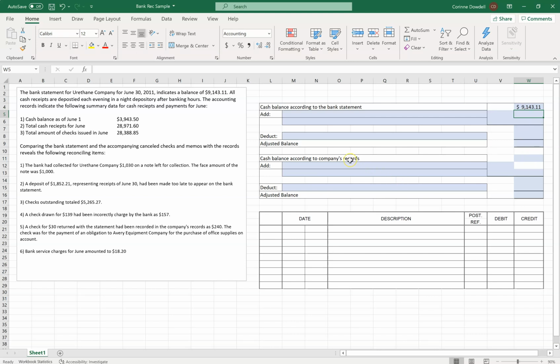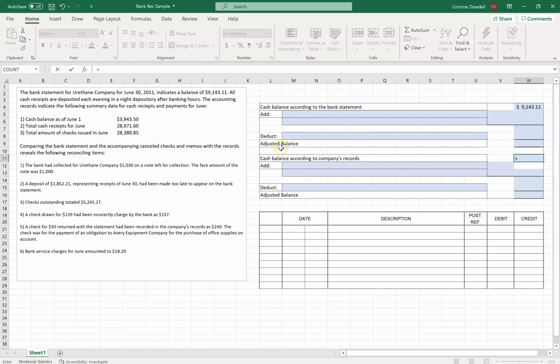Then let's put in the cash balance according to the company's records. We know that as of June 1st, we had $3,943.50. We then had some receipts and some expenditures, so I'm going to do some calculations here.